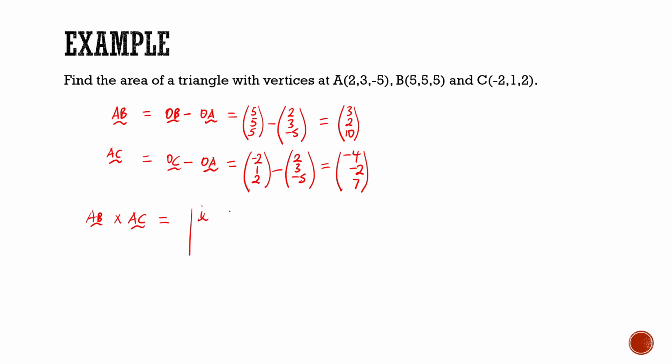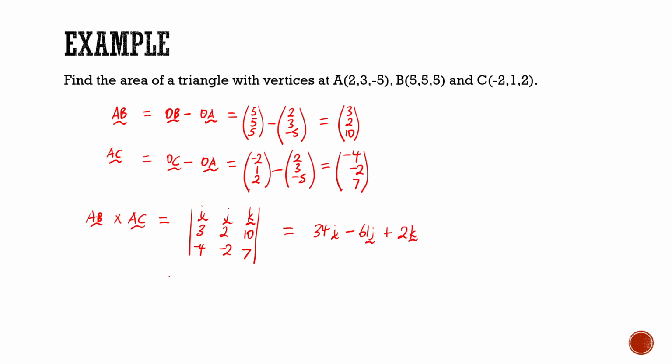So like we said, we're going to have i, j, k in our first row, and then the second row will be the components of AB, which is 3, 2, 10, and then AC in the last row, minus 4, minus 2, 7. When you work this out, you actually get 34i minus 61j plus 2k.